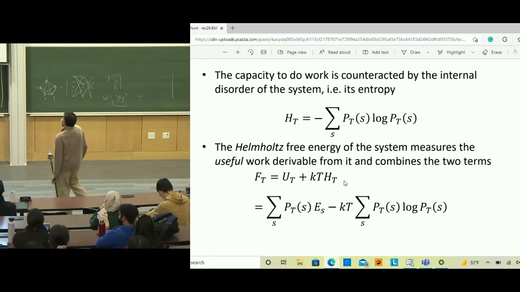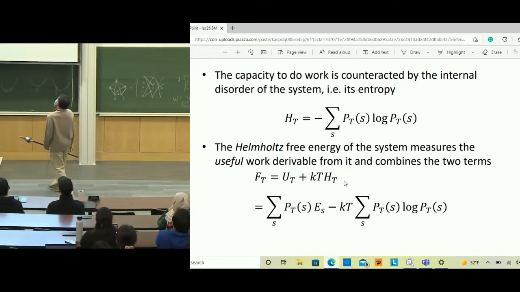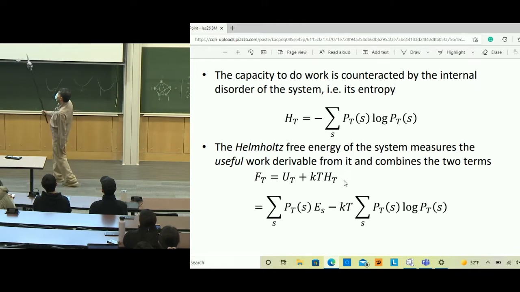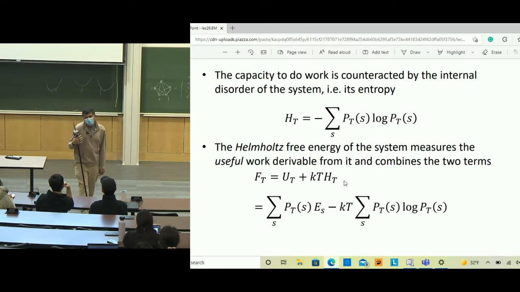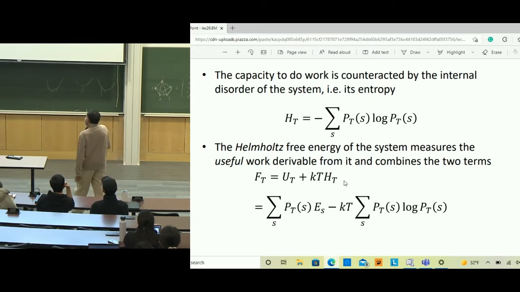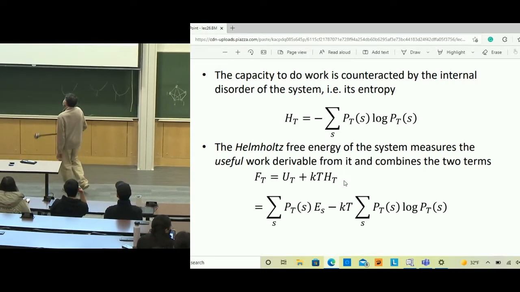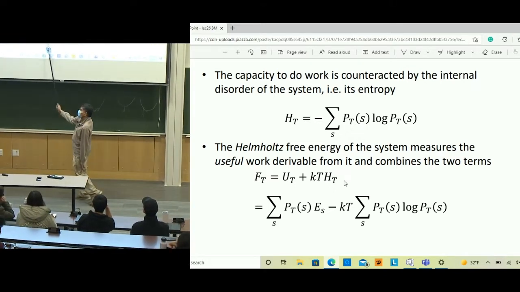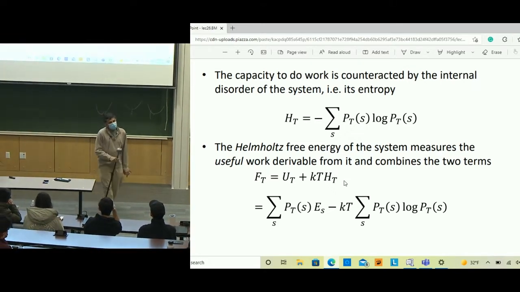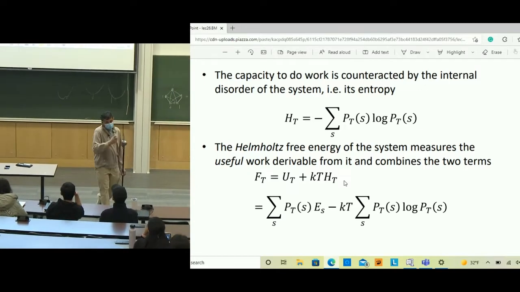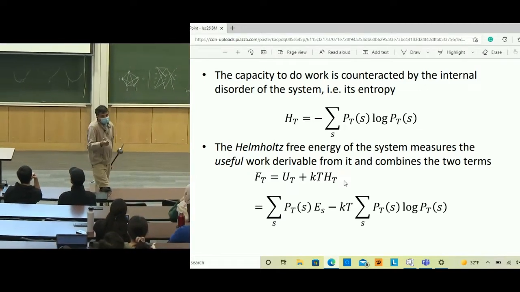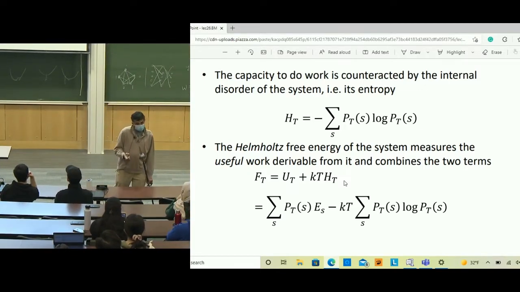So the actual Helmholtz free energy of the system measures how much useful work you can get out of the system. And so that is the potential energy of the system over here. Again, remember, E(s) is the energy in any state. P(s) is the probability of being in that state.